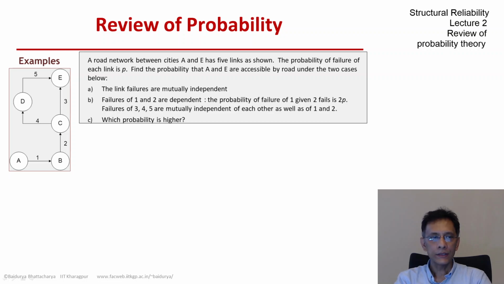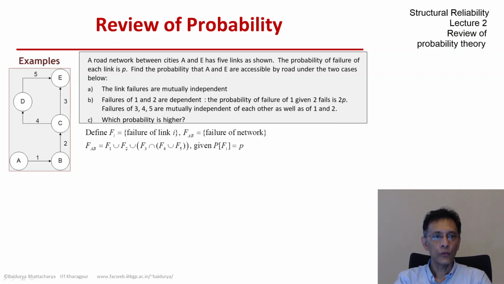There are 2 cases, one in which the 5 links are mutually independent, and the second case in which there is a degree of dependence between failure of links 1 and 2. For such problems, it's a good idea to start by defining the relevant events.